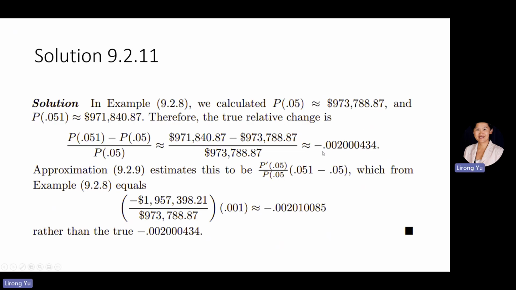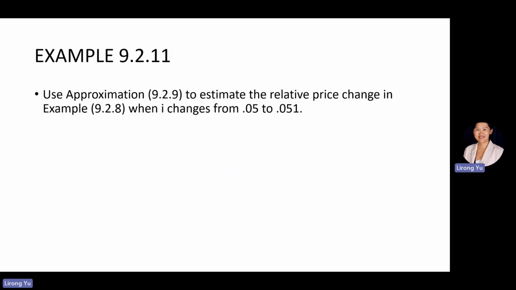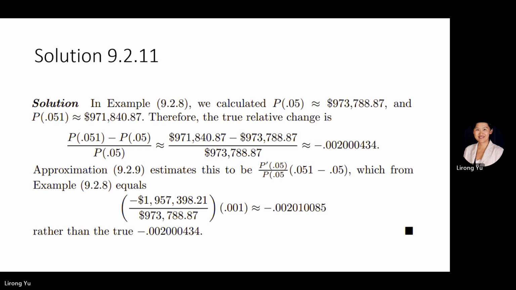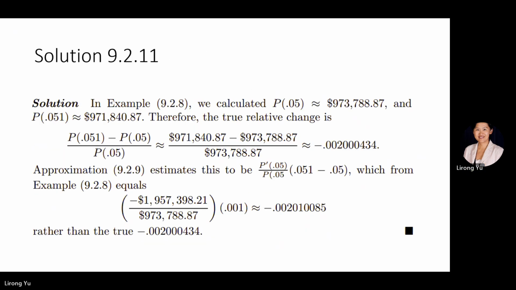So up there we calculated negative 0.005, which is called a relative price change. And this question is to calculate the relative price change. Okay, so the first one is the calculation for the relative price change. The second one is using 9.2.9 to estimate this change.